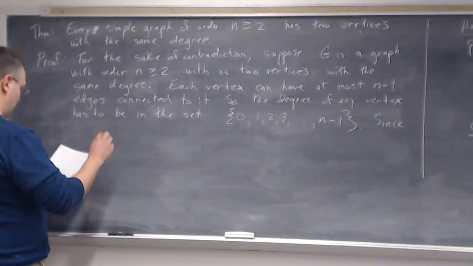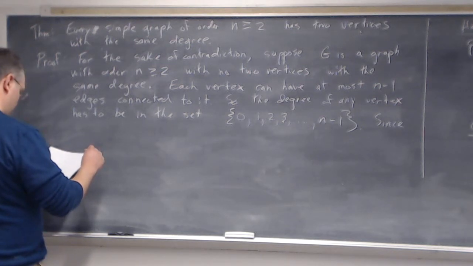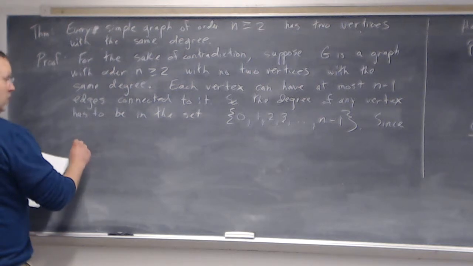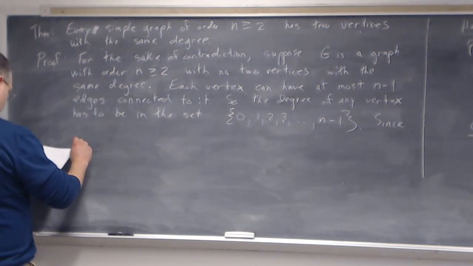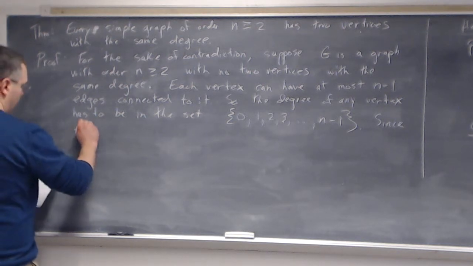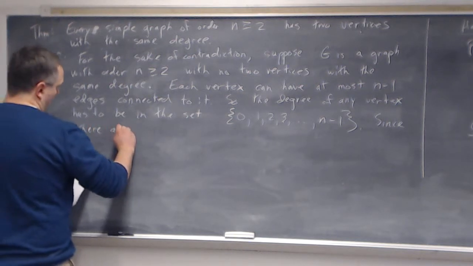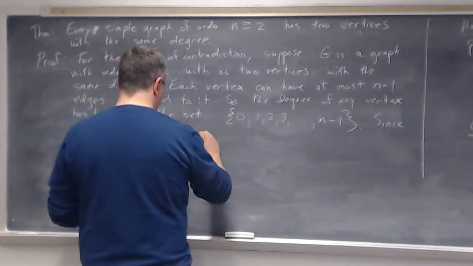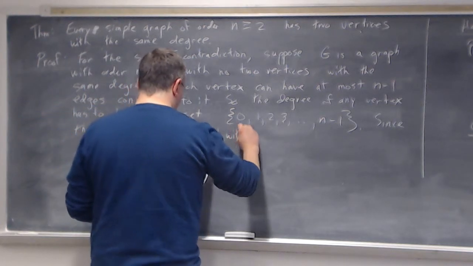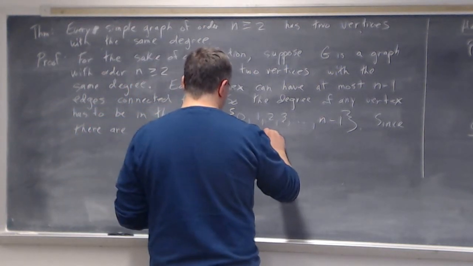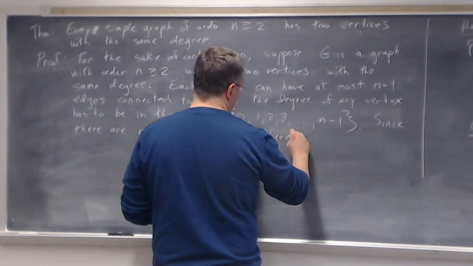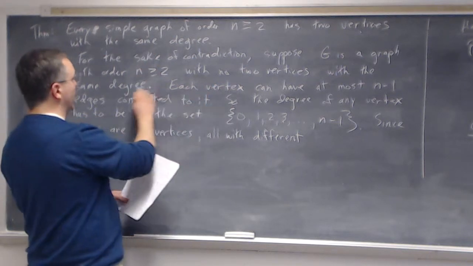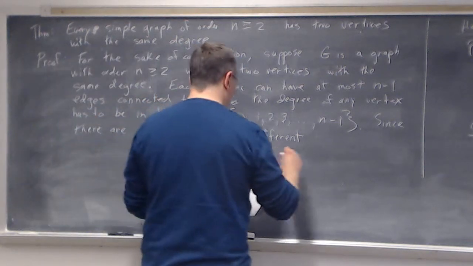Okay, since there are n vertices, all with different degrees. That was our assumption. To get our contradiction, we assumed they all had different degrees.